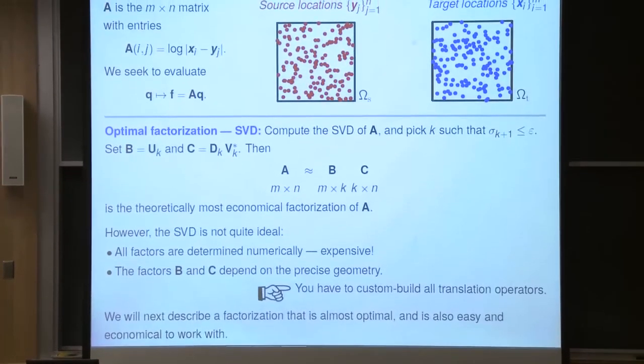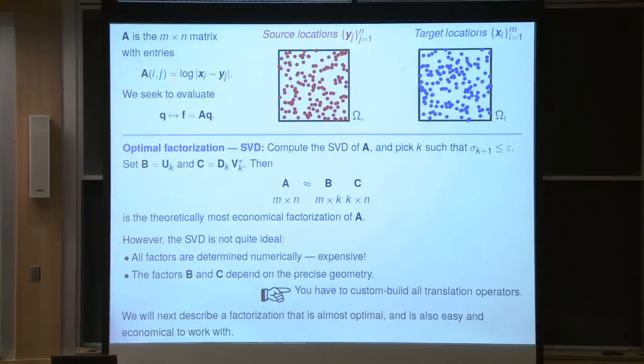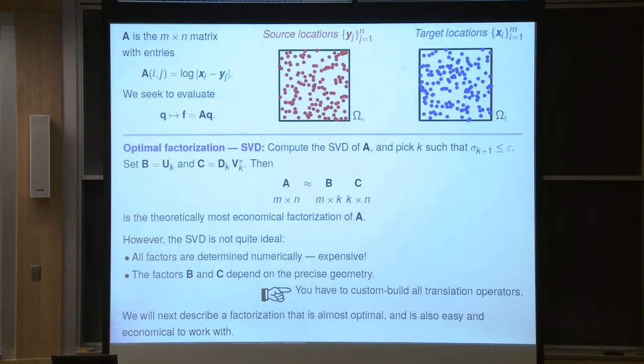So now let's see how this works. So now we again have this matrix A, and the theoretically optimal factorization of it you get by computing its singular value decomposition. And if you're in a situation where absolutely minimizing the rank is critical, then this is what you should do. But it has various algorithmic drawbacks. So conversely to what I said about the advantages of the FMM, now we're in exactly the opposite situation. If you're using the SVD, everything has to be evaluated numerically.